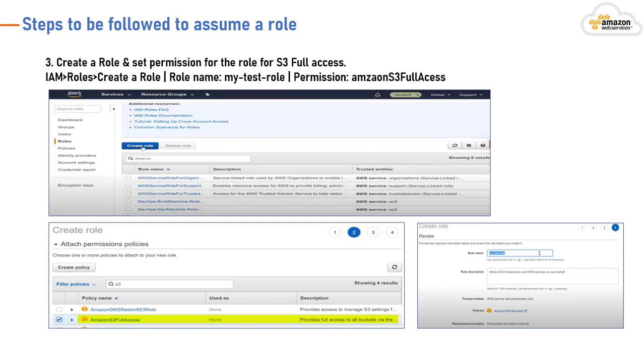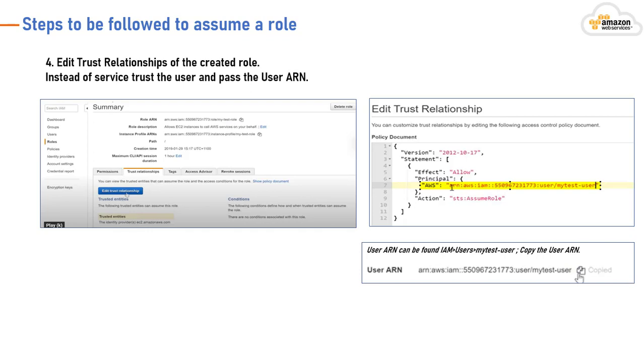You can see the trust relationship tab, click on edit, and there you see principal as service earlier. So instead of service, replace it with AWS, then the user ARN of that particular user you created. So from the user properties, you can obtain the user ARN value and paste it over here, save it.